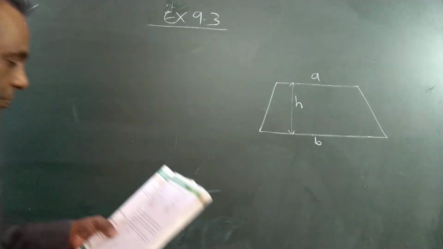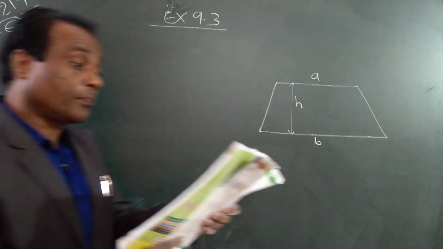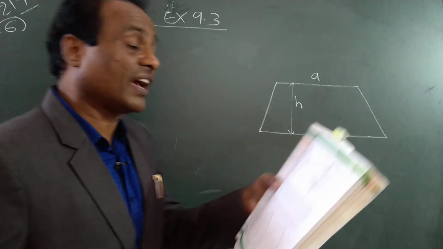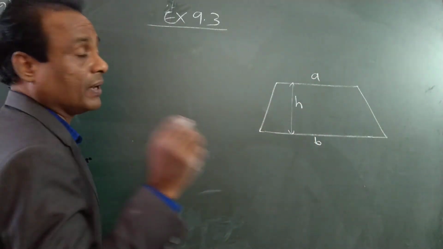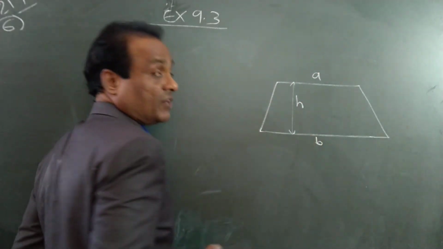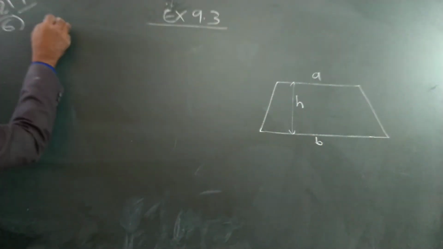See here, this is a trapezium. The ratio of the lengths of the parallel sides of a trapezium is 5:3. So what are the lengths of the parallel sides in symbols? Generally we use A and B for the lengths of the parallel sides.